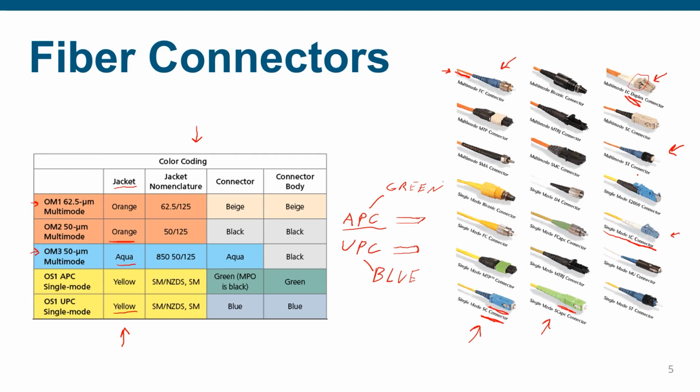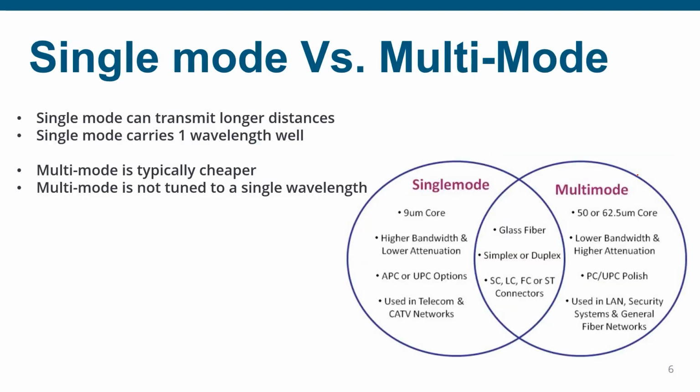Next up, let's take a look at single mode versus multi-mode. So single mode is manufactured with a 9 micrometer core. That's actually the size of the fiber optic within our cable.